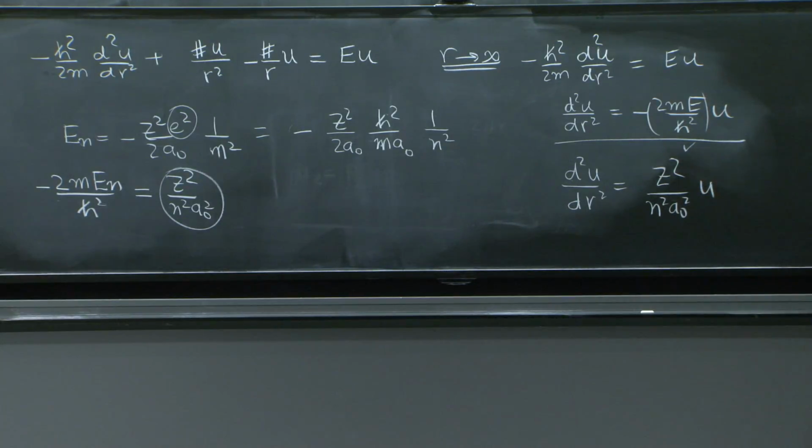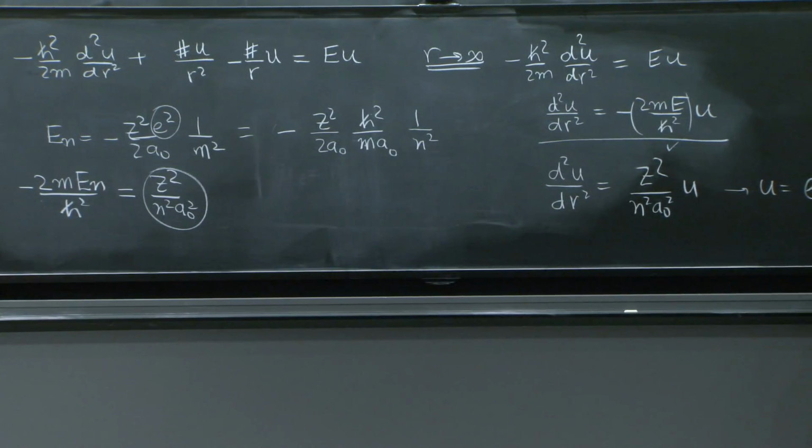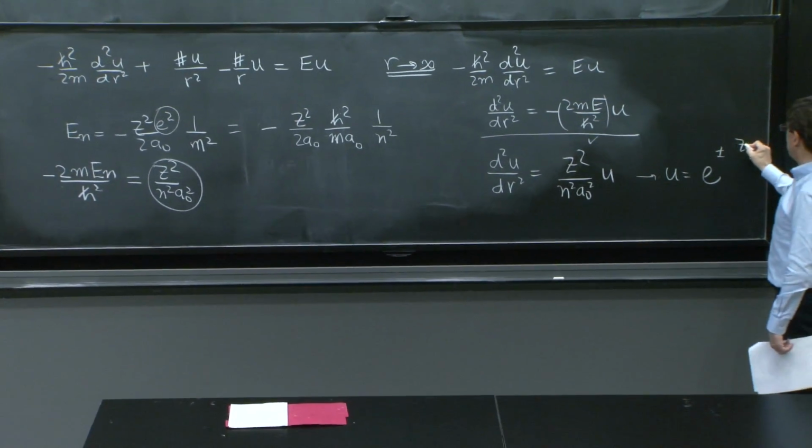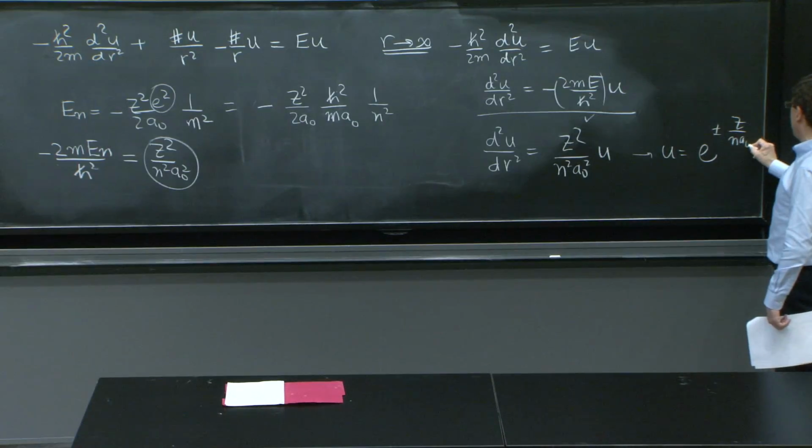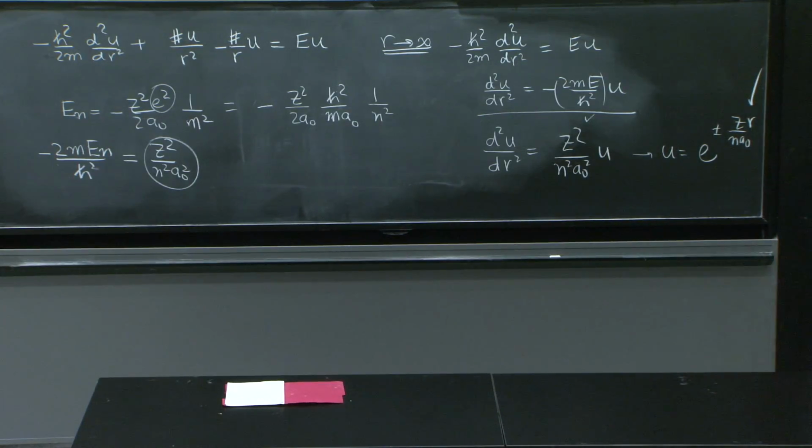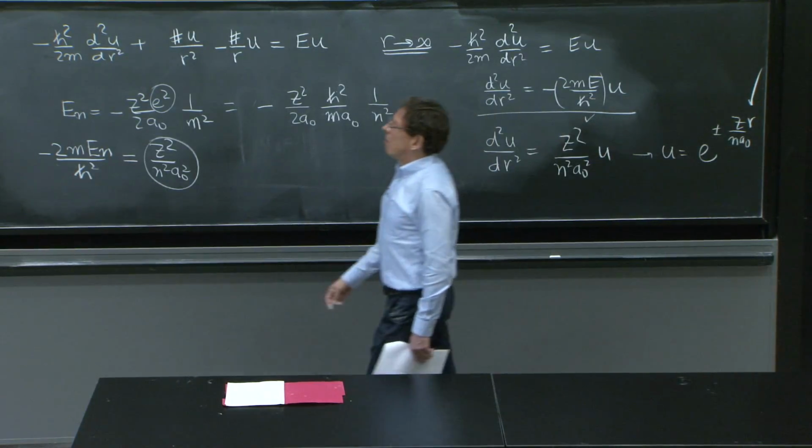And indeed, from here, the solutions are exponentials of the square root of this, which is z over n a naught r. And that's a quicker derivation of a feature of the wave function.